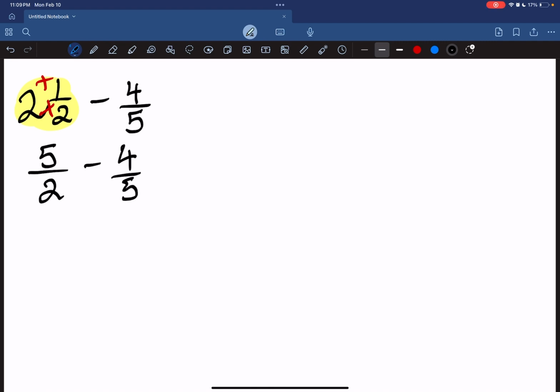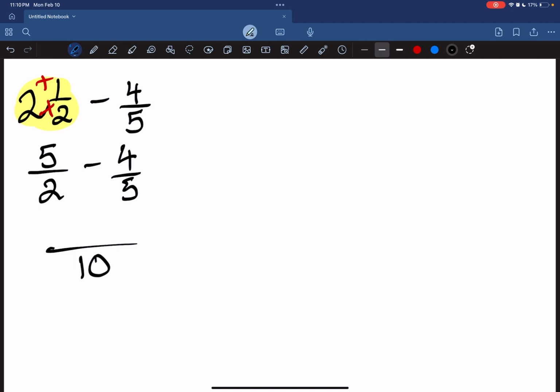That's where we've now changed the 2 and 1 over 2 to 5 over 2. Now I can do my normal thing that I've just learned. We're subtracting, and once we know that we're adding or subtracting fractions, if the denominators are not the same, we find the LCM. The LCM for this would be 10.